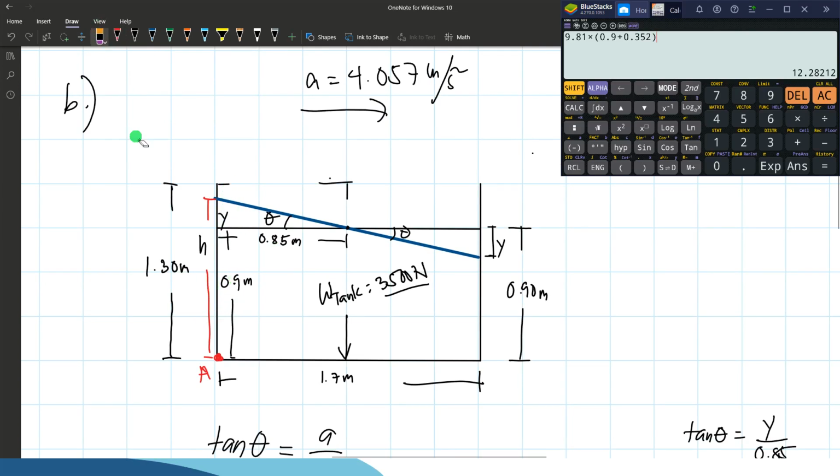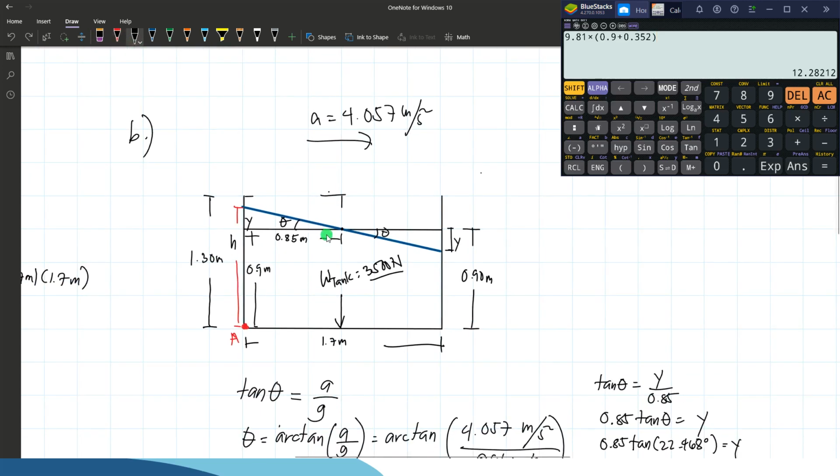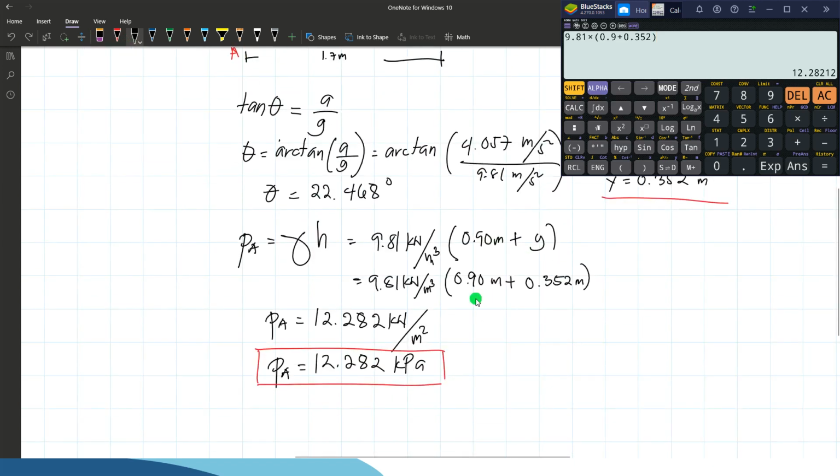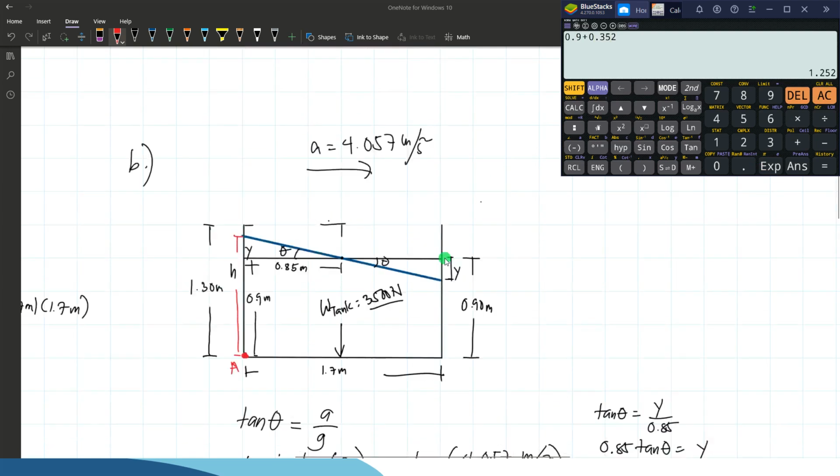Okay. So just to confirm, class, based on the computed vertical distance, which is 0.9 added by 0.352, that's 1.252.